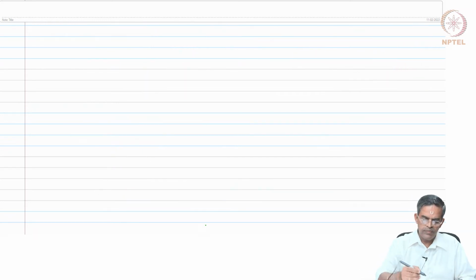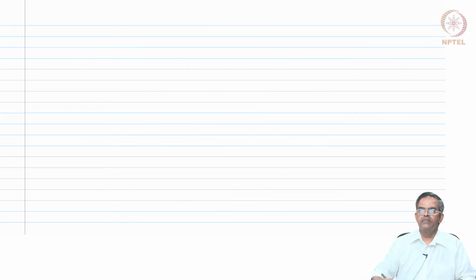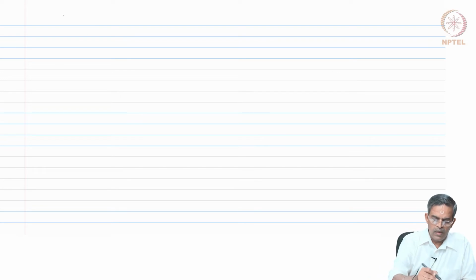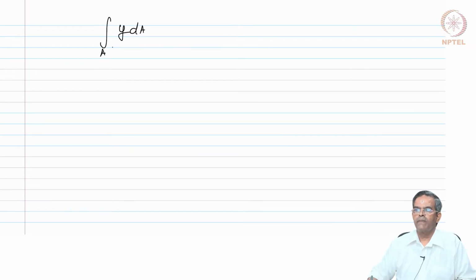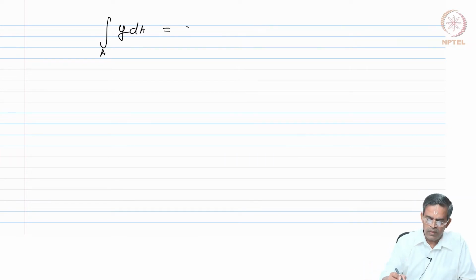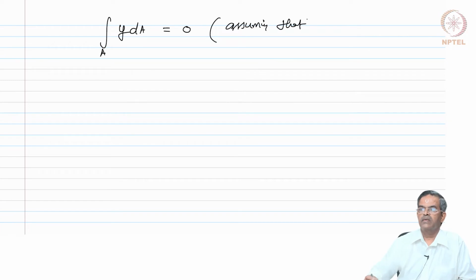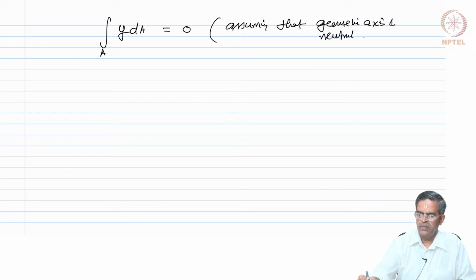So, now the integral of y dA for the entire area A should be 0. Why? We are assuming that the geometric axis and neutral axis coincide.